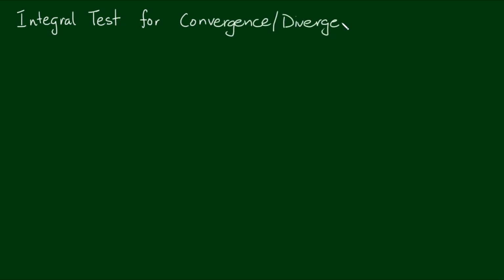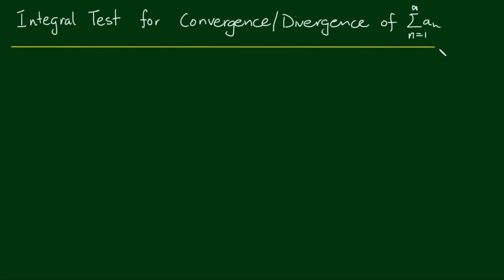Okay, so after showing how it works, we are going to define the integral test. Of course, the integral test is for the convergence or divergence of an infinite series.